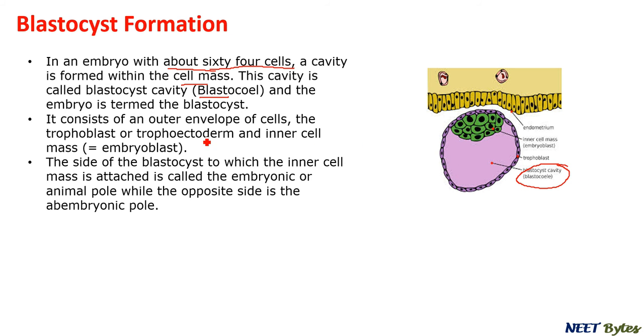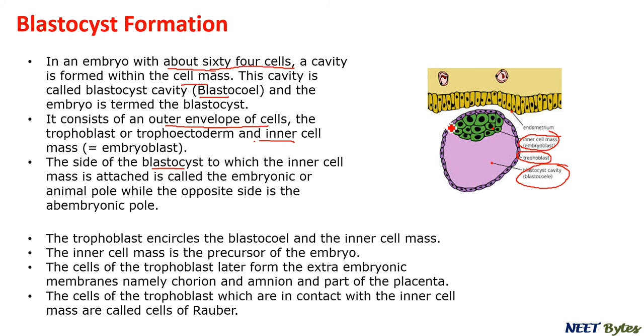It consists of an outer envelope of cells, the trophoblast, and the inner cell mass called the embryoblast. So this is the outer trophoblast, and this is the inner embryoblast. The side of the blastocyst to which the inner cell mass is attached is called the embryonic or animal pole, and the opposite is known as the abembryonic pole.